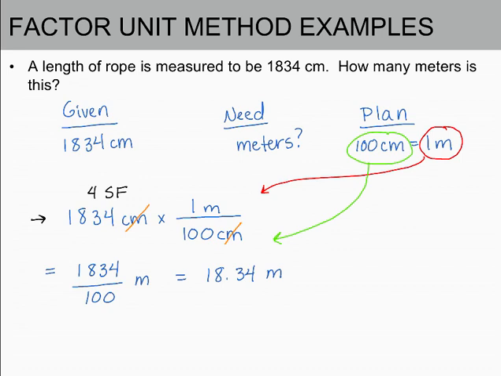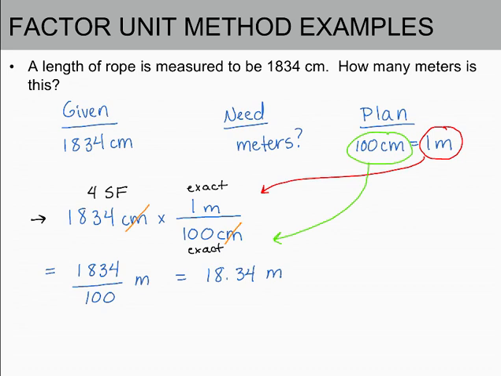And then we have an equality that is defined. The fact that there are 100 centimeters for every meter is a defined quantity. So that means that both of these values are exact, and we don't have to consider them when we're determining our significant figures for the answer.